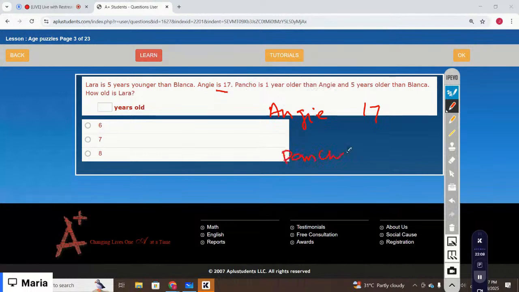So Pancho is 17 plus 1, 18. Pancho is 5 years older than Blanca. So for Blanca's age, subtract 5 from Pancho's age. Blanca is 13. Lara is 5 years younger than Blanca. Subtract 5 from 13, Lara is 8 years old. The correct option is 8.